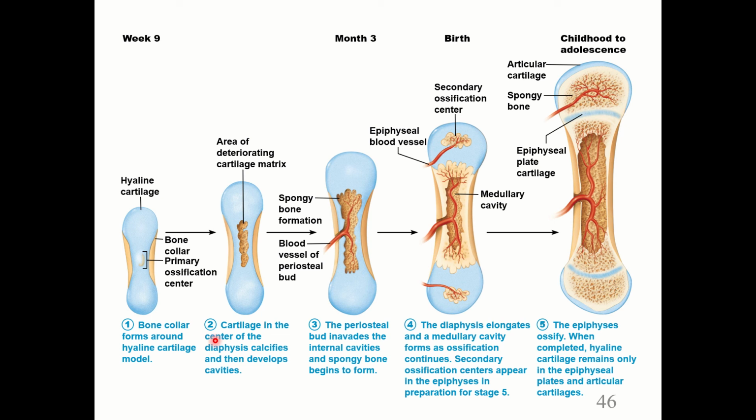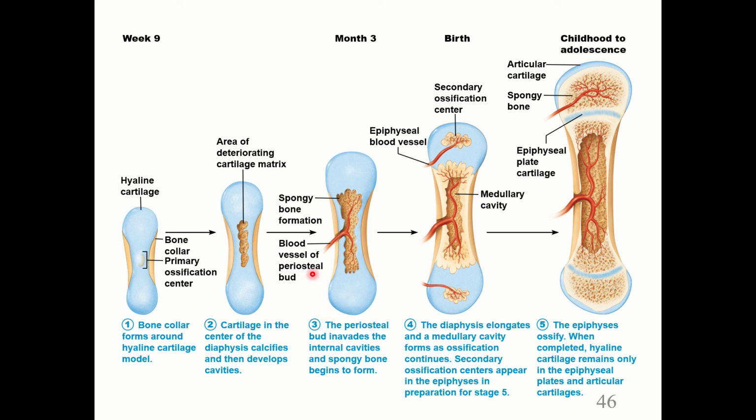In step 2, cartilage in the center of the diaphysis calcifies, and then it starts to develop cavities, which would end up becoming the medullary cavity. We still see the bone collar forming around the hyaline cartilage model. In step 3, the periosteal bud invades the internal cavities and spongy bone begins to form.